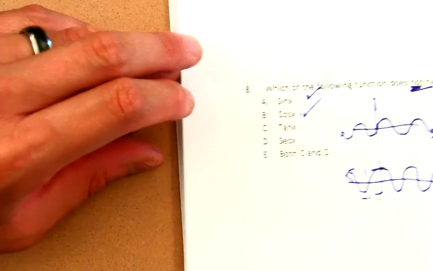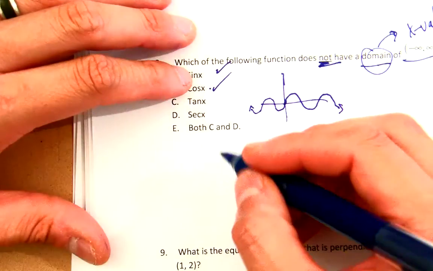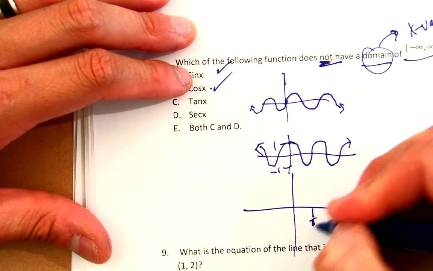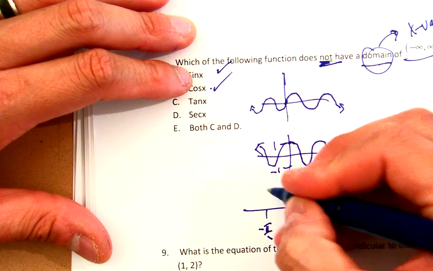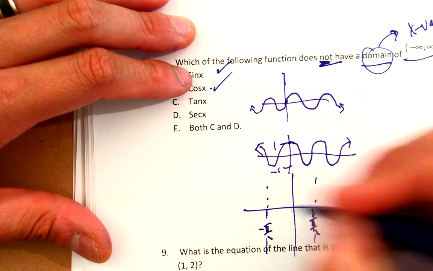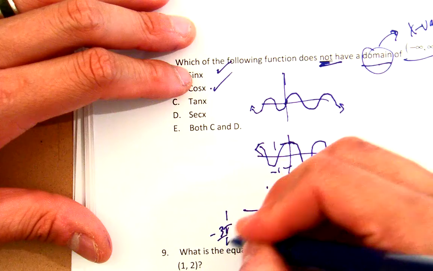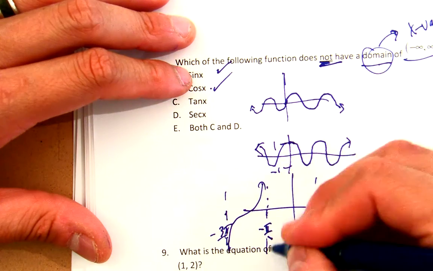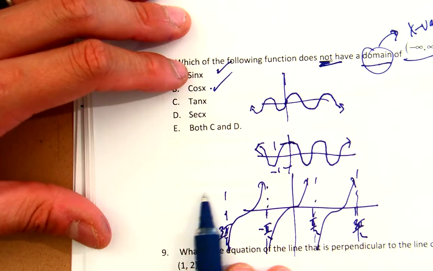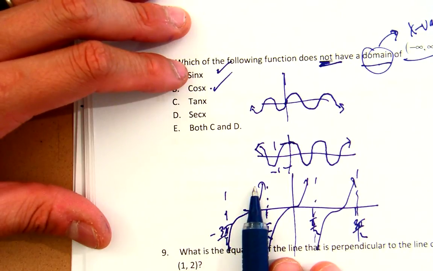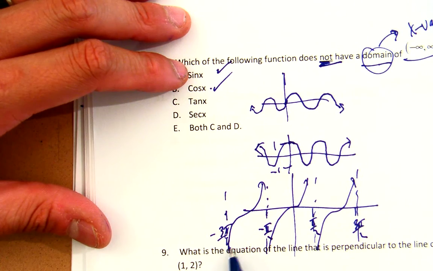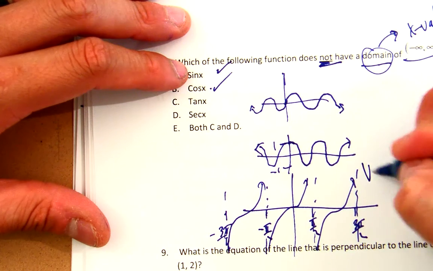Tangent. If we remember the graph of tangent, we can graph it out, and we have vertical asymptotes at pi over 2, negative pi over 2, and another at 3 pi over 2 and negative 3 pi over 2. As you move from left to right, I have to stop, move forward, and stop, move forward and stop. So this actually has vertical asymptotes.